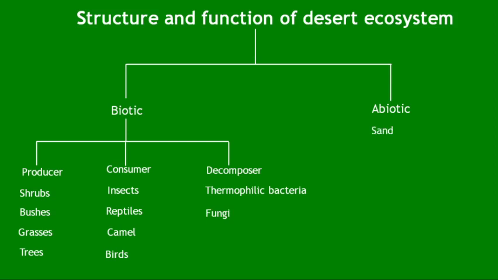The abiotic components will include sand or soil with a poor organic matter, along with sunlight, wind, and water. These are all non-living components which can be found in a desert ecosystem. So that was the structure and function of a desert ecosystem.